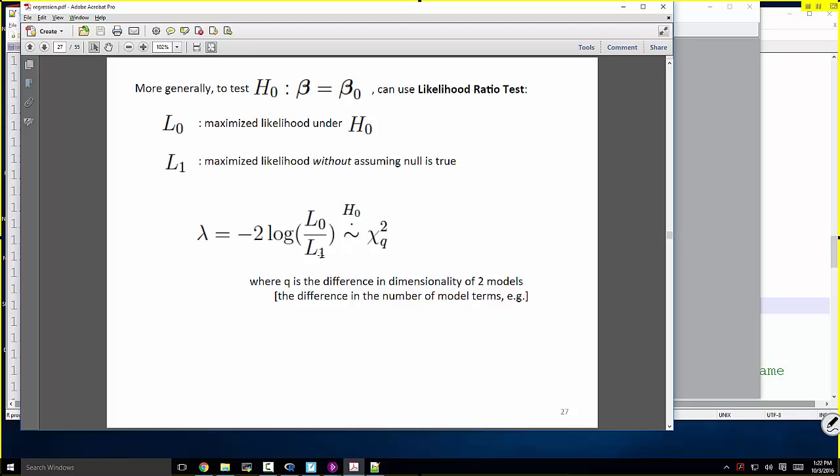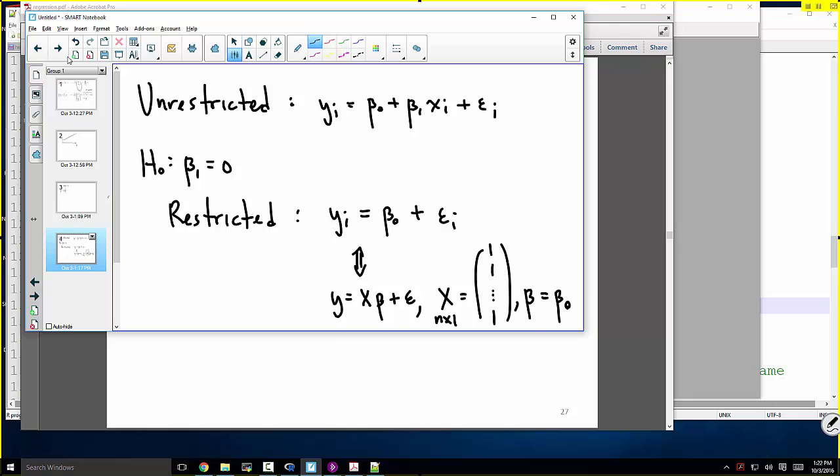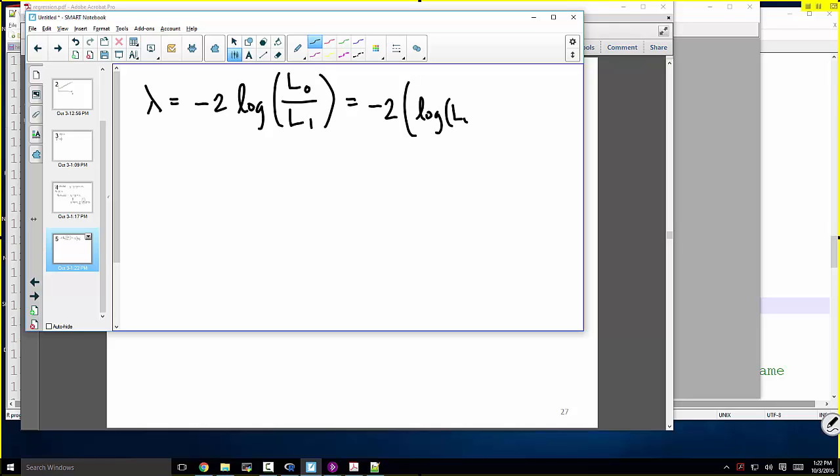That would also be equal to, write it over here, lambda is equal to minus 2 times the log of the maximized likelihood under the null divided by the maximized likelihood unrestricted. That's the same thing as minus 2 times the log of L0 minus the log of L1.